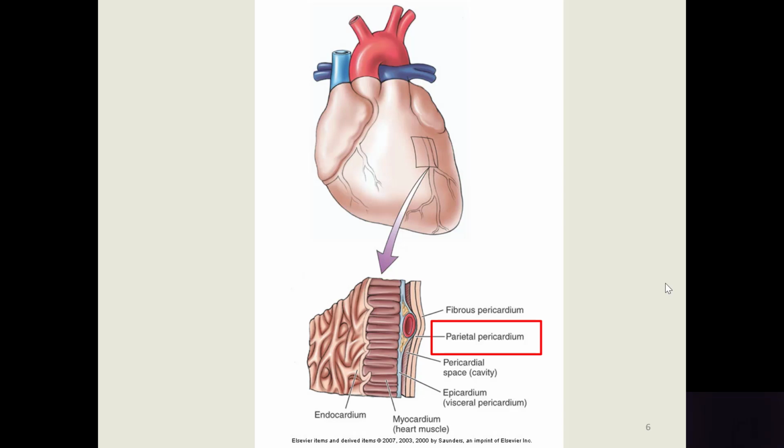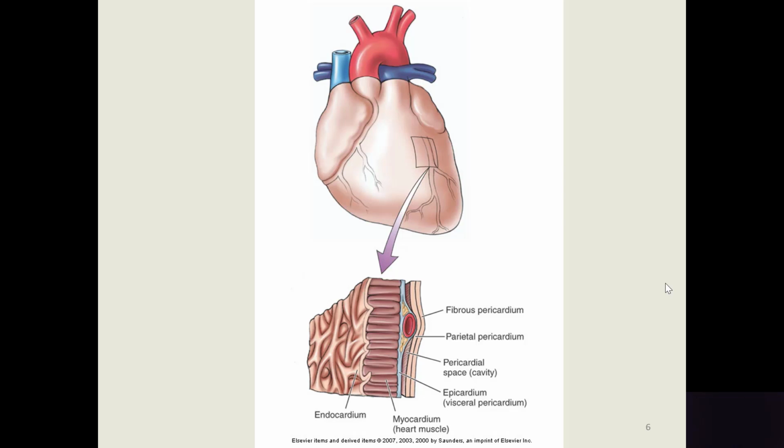Then we have the parietal pericardium, and then finally the outermost layer of the pericardium is the fibrous pericardium, which is not stretchy and it doesn't allow the heart to expand beyond its limits. And it anchors the heart to its surrounding organs.